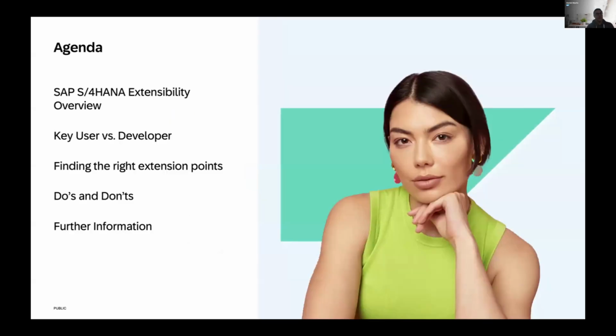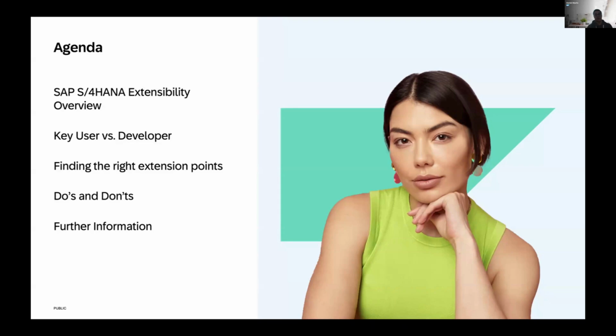In our talk, we first want to start to give an overview about extensibility in S/4HANA at all. If you've seen the talk before from Thomas Schneider and Kai Demann, maybe see something that you've seen already. Then we will look a bit deeper into key user versus developer extensibility for extension fields.